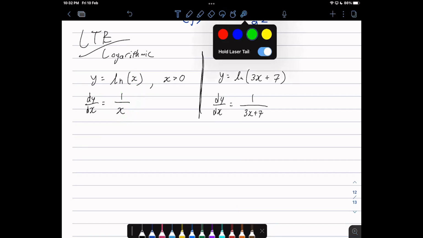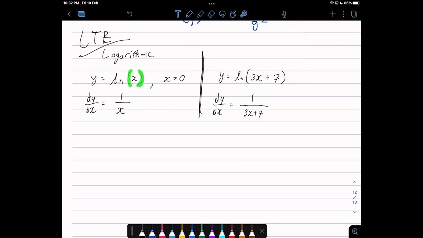Take note, for logarithm they don't usually put the brackets here. I put the brackets there to remind you, just take whatever is in between the brackets and put it at the bottom. When it's 2 or more terms, they'll put brackets, so it's easier.